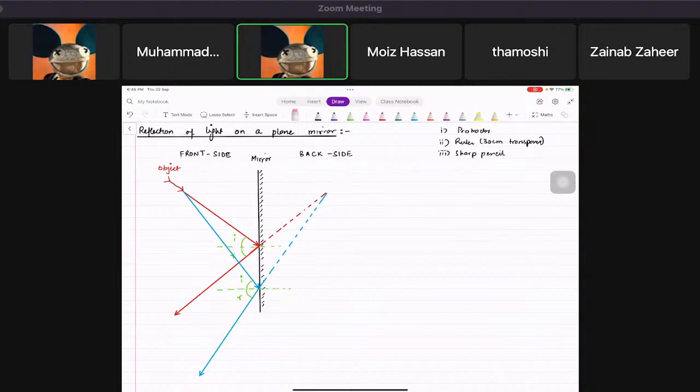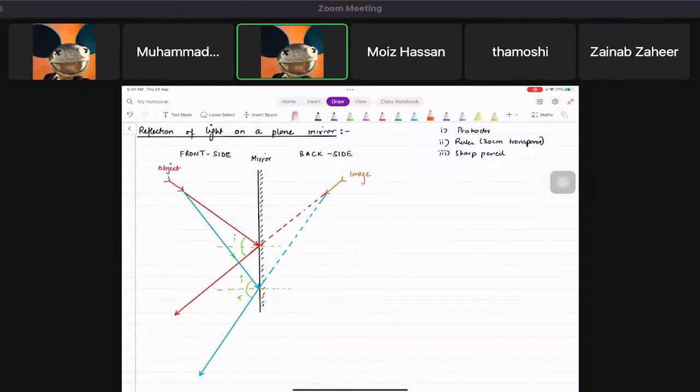So where it basically meets, this is where you will draw an arrow like this. So this is where the image is going to form.